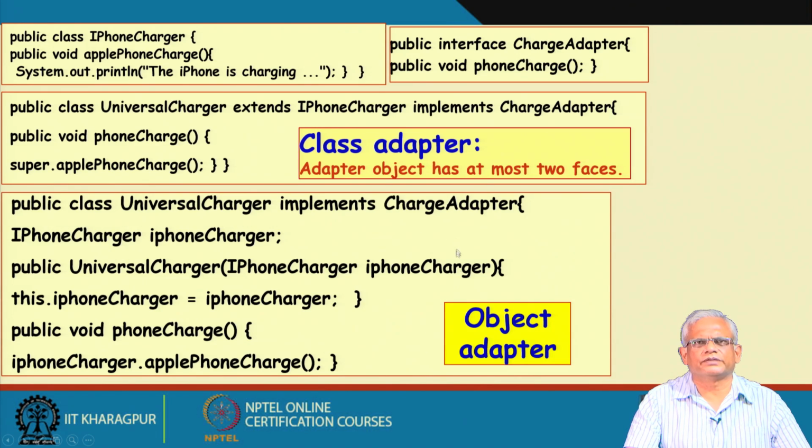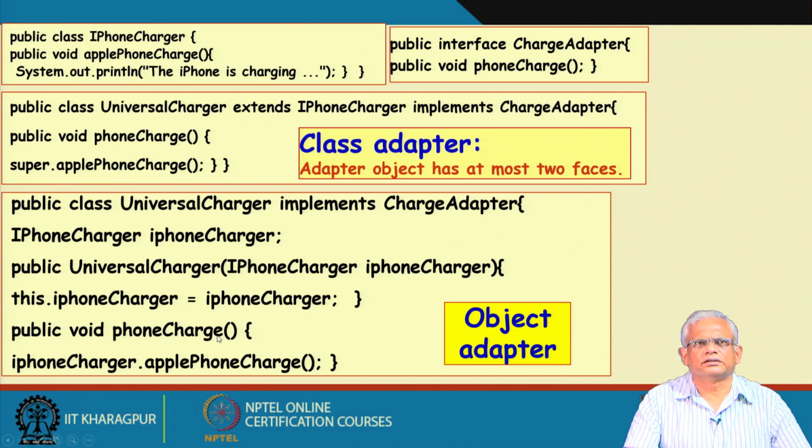Let us look at the object adapter. The object adapter implements the charge adapter and then it internally holds the reference to a charger. In the constructor for the universal charger, it takes as argument one of the chargers and stores it internally. It may be an iPhone charger, it may be an Android charger and so on.